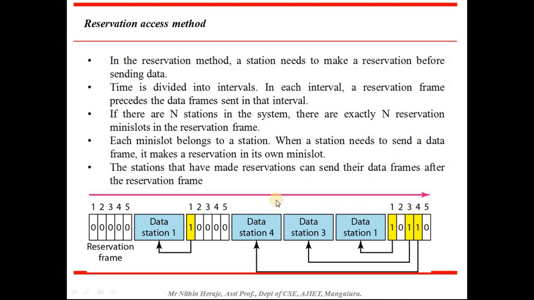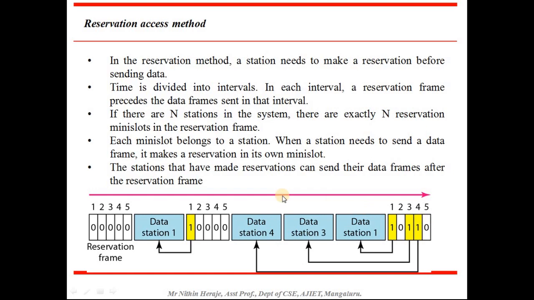After that, a time slot is given for the stations to send the data. This is the time slot given for station 1 to send data, since it has made the reservation, and this is the time slot given for station 3, and this is the time slot given for station 4, since it has made a reservation. Stations 2 and 5 remain 0, since they have no data to send, and hence there is no reservation.